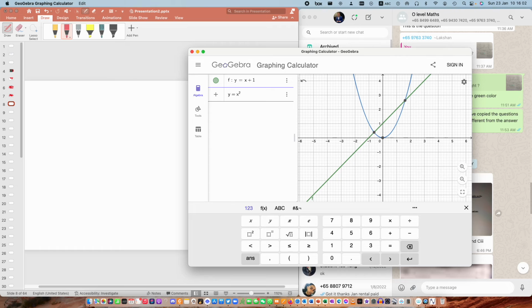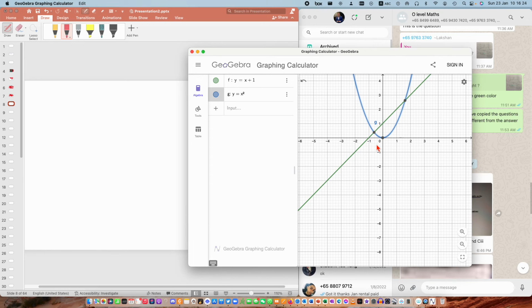Why do I show you this? Because if you have a straight line and a curve, or more than one curve, some of them will have intersection points. So in this case, there are 2 intersection points, right? If you use this app, you can quickly point to one and it will tell you the value.